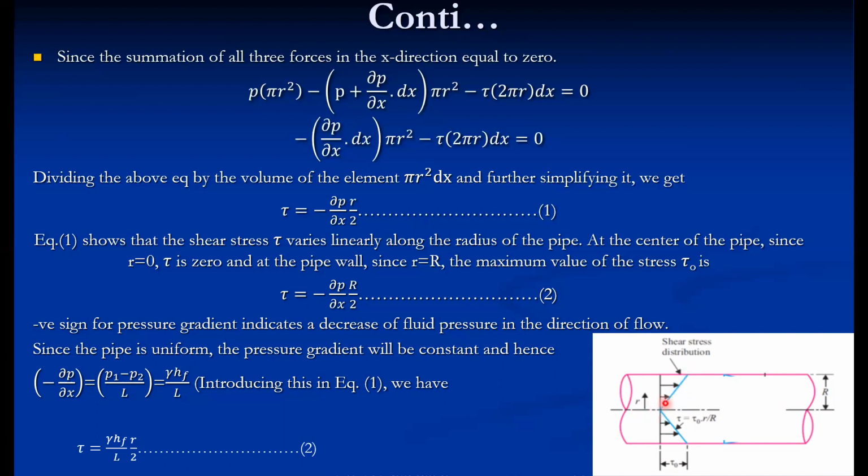This variation is linear because it is directly proportional to r, and it is maximum at the pipe wall, when r is equal to capital R. Due to symmetry, the variation is the same on both sides of the center. This is tau max, the maximum shear stress. So this is the shear stress distribution along the cross section of the pipe when laminar flow takes place.